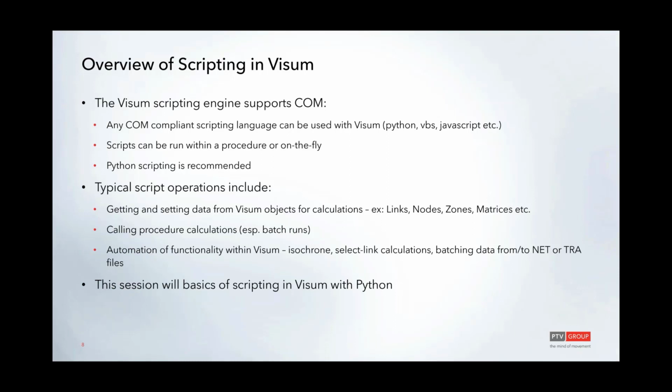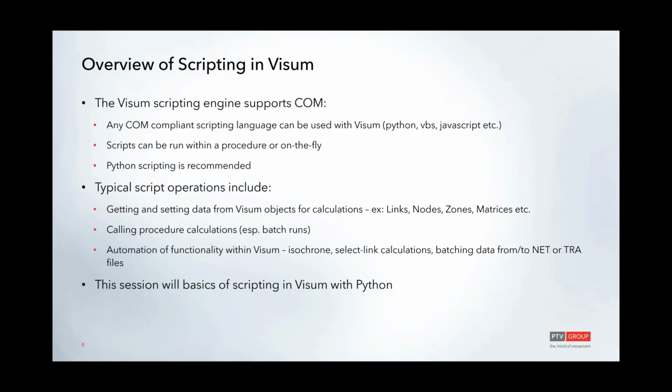One of the classic examples would be link capacity calculation updates. On the zone level, it might be computing accessibility for a zone or a trip generation calculation on a zone. And then for matrices, it would be some sort of utility transformations that you might be feeding into either a gravity model or a mode choice model and such.